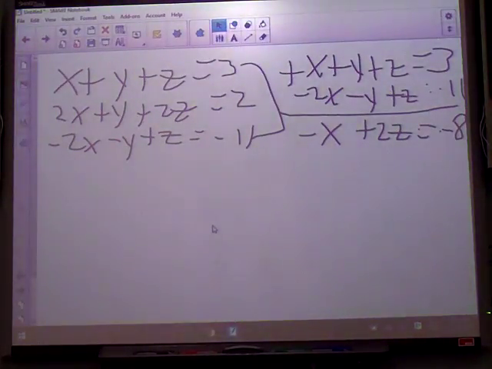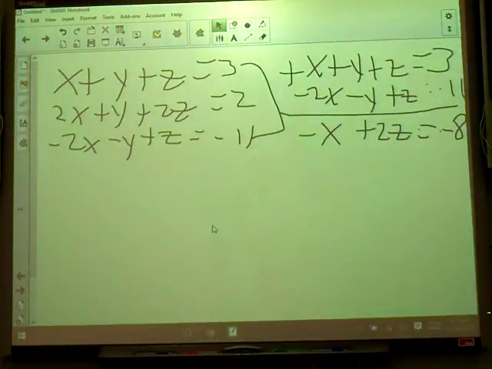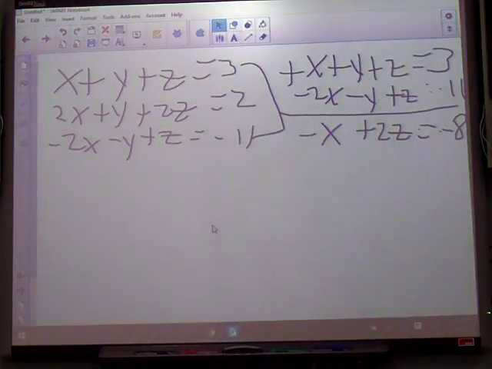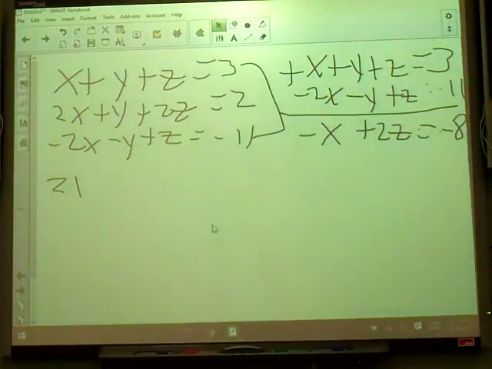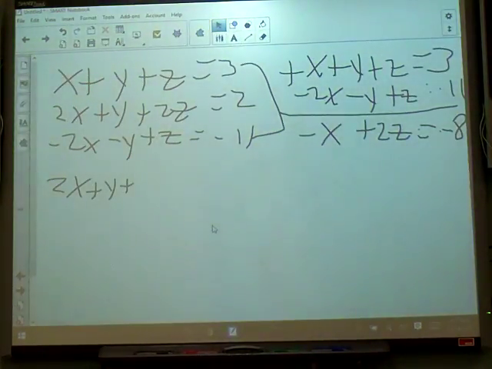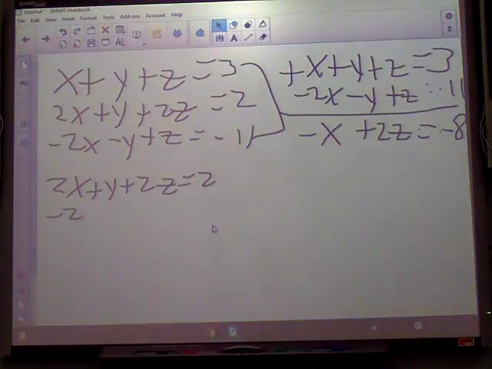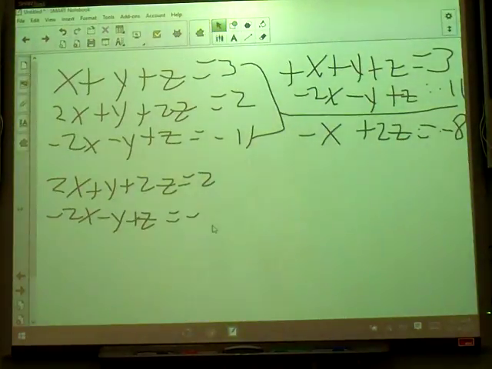Don't lose it. Now we have to get another new equation that also got rid of the y's. Negative 11, yeah. So now I'm going to put the second and third one together. I got 2x plus y plus 2z is equal to 2, and negative 2x minus y plus z is equal to negative 11.